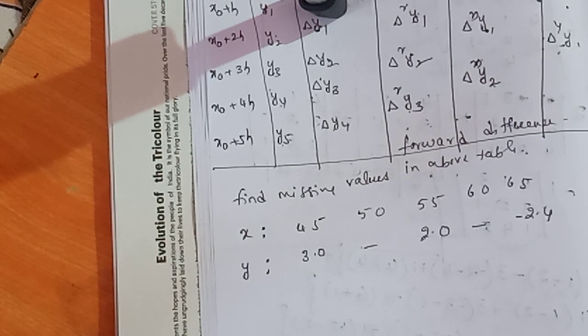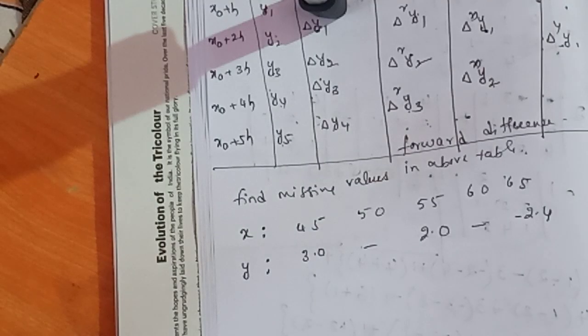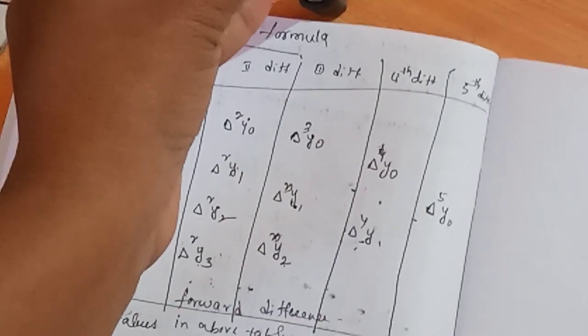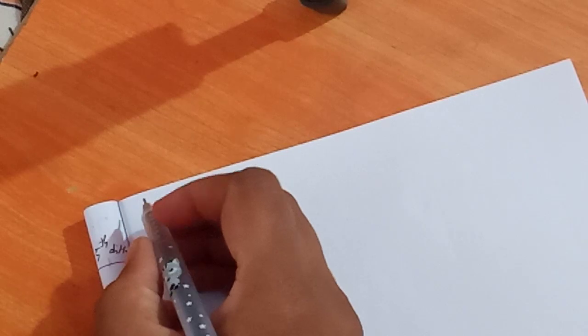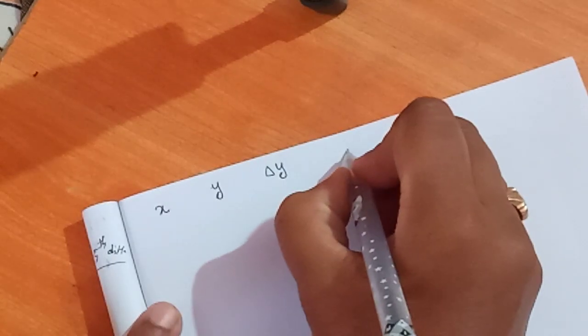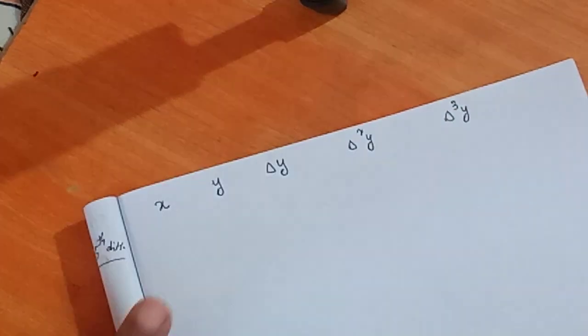First, let us write this in the same format which I explained above. First x, y, next delta y, next delta square y, delta cube y.